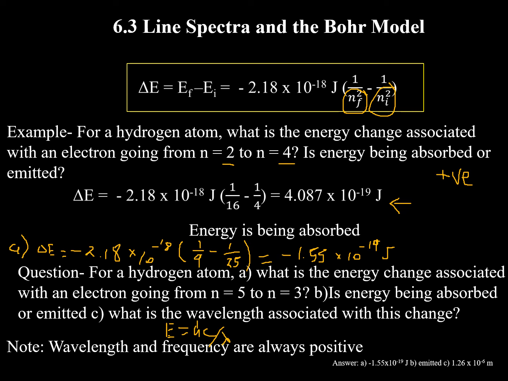If we rearrange the equation, it's going to be lambda equals hc over E. We have E. We know h, which is a constant, 6.62 times 10 to the negative 34. We have c, which is the speed of light, 3 times 10 to the 8. We plug all those in, we get a value of 1.26 times 10 to the minus 6 meters.